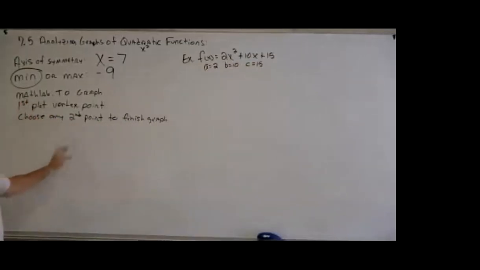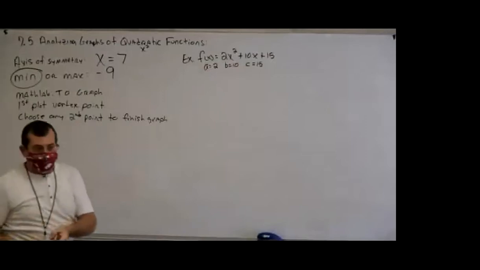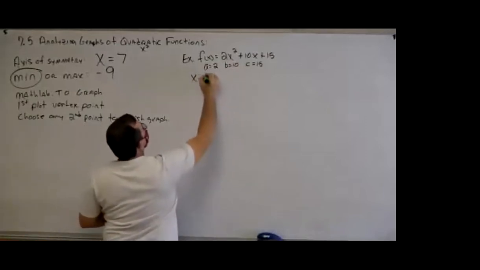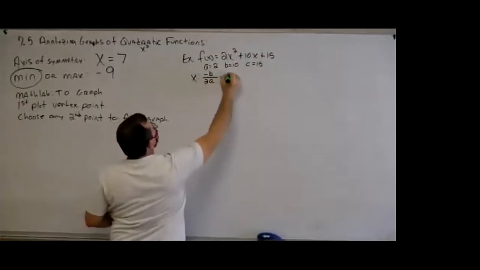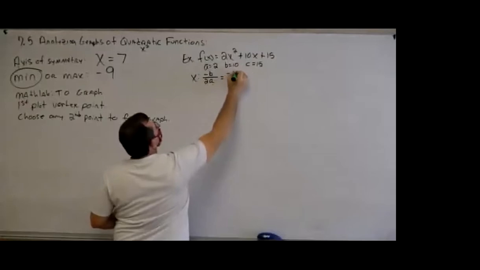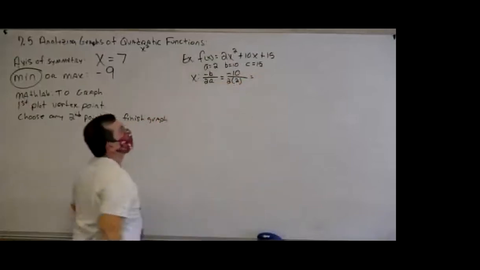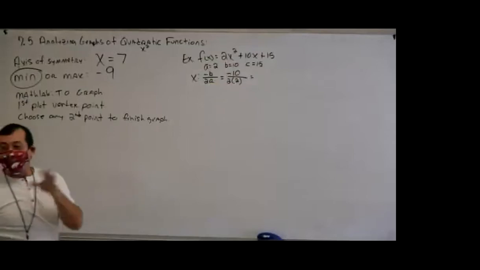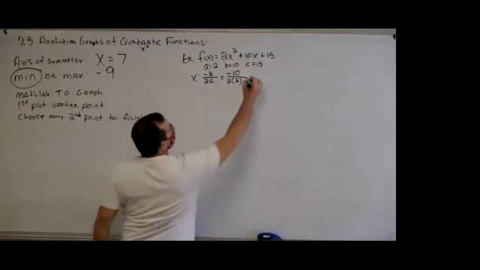I'm going to do the same thing I did here. I'm going to find my x value, then my y value to get that vertex. So the x value is negative b divided by 2a. So I put my negative, b is a 10 this time, and then 2 times a, which is a 2. So y'all, at this point, I'm looking at this and I'm sort of sad, because I know a negative 10 will not divide nicely by 4.